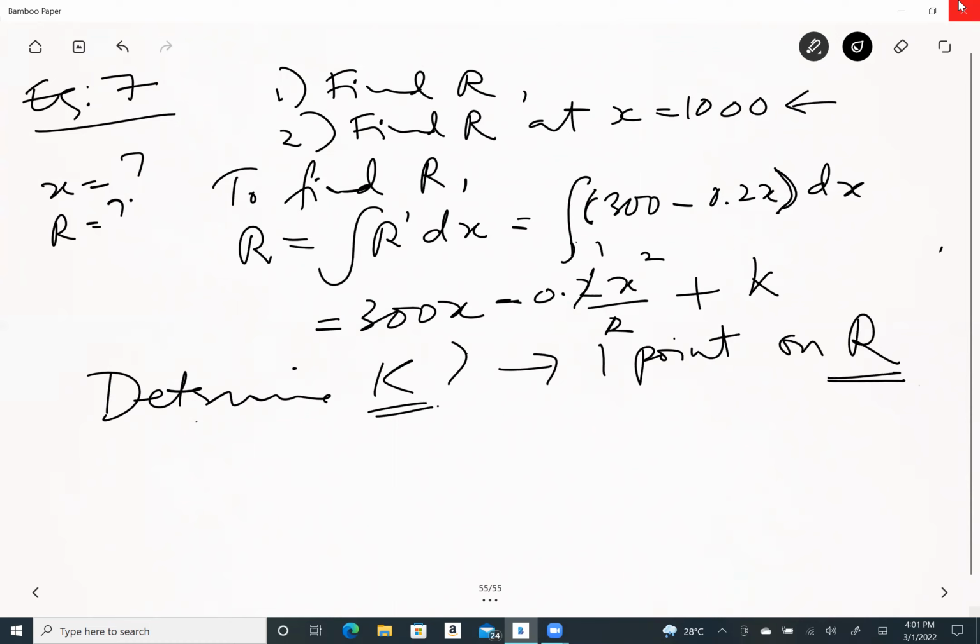All right. So normally for our application, the easiest one is that you want to find revenue at x equal to 0. Okay, x equal to 0, what is our revenue? Because that is the point where everybody knows. If you are selling something, how much revenue do you get if you sell nothing?